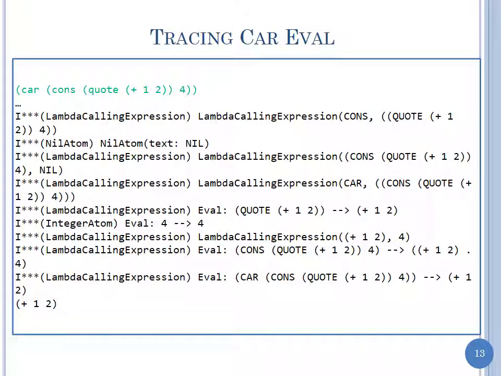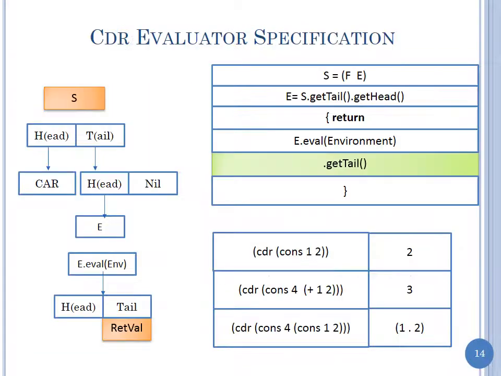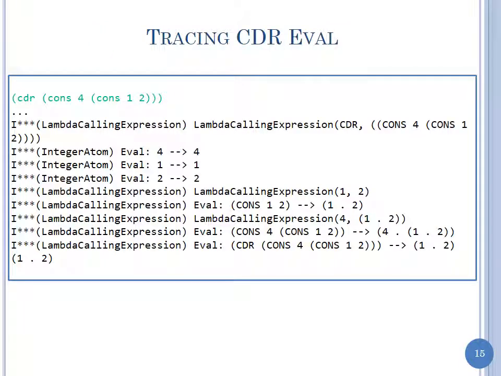And with the quote, we again see that we get plus 1, 2 because we got the car and we didn't do an extra evaluation on the plus 1, 2. So this is just showing you the trace to show that it's consistent with what I talked about. And cadr is going to be very similar. Rather than doing a get head, we'll do a get tail. Okay. So that's your cadr.